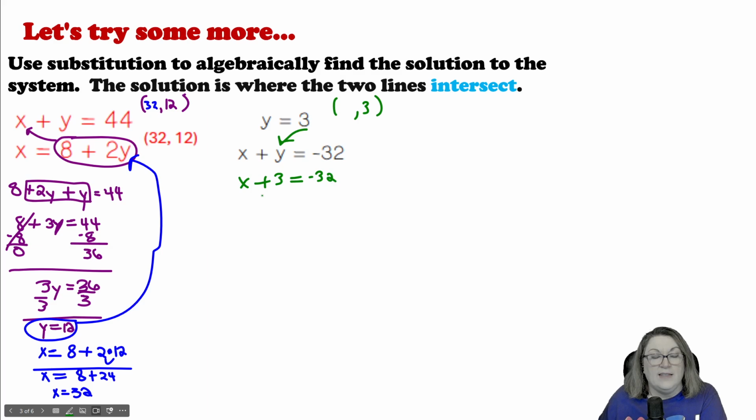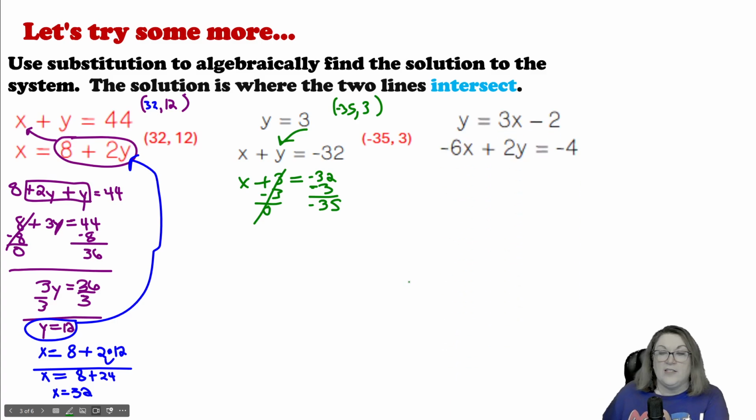And then to isolate this x, I do need to cancel this 3 out. So let's subtract 3 from both sides. And negative 32 minus 3 is negative 35. So I end up with negative 35 as the x value. And 3 was already our y value. Bingo.